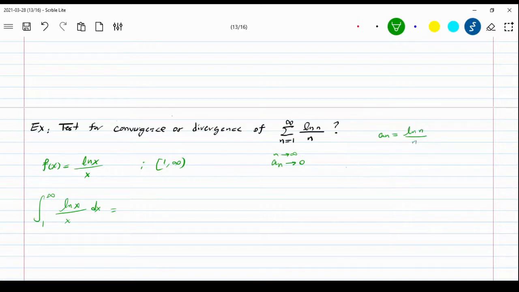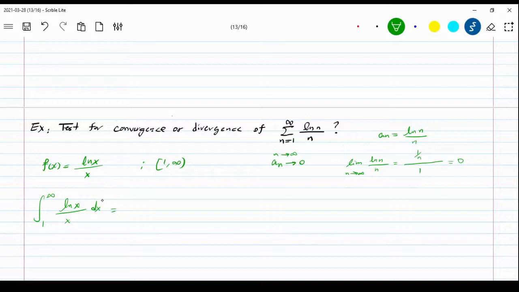And if we calculate the limit of ln n divided by n as n approaches infinity, you can use L'Hopital's rule. Derivative of the numerator is 1 over n. Derivative of the denominator would be simply 1. As n approaches infinity, this is going to be 0. So it tells you that this a_n is decreasing, approaching 0.